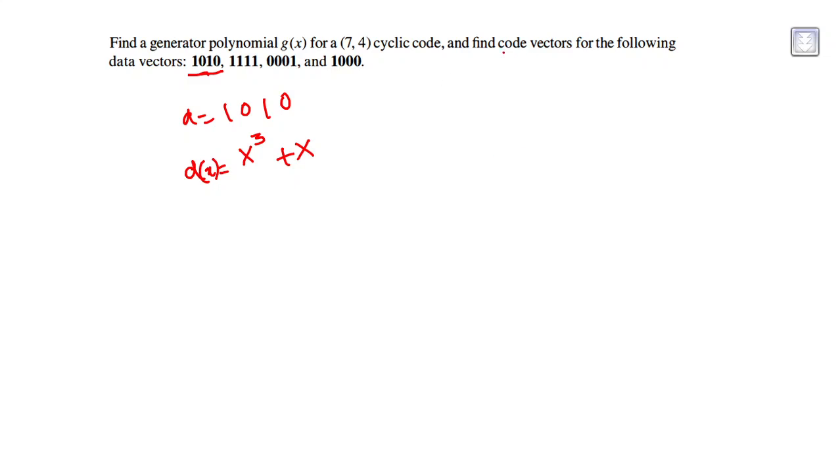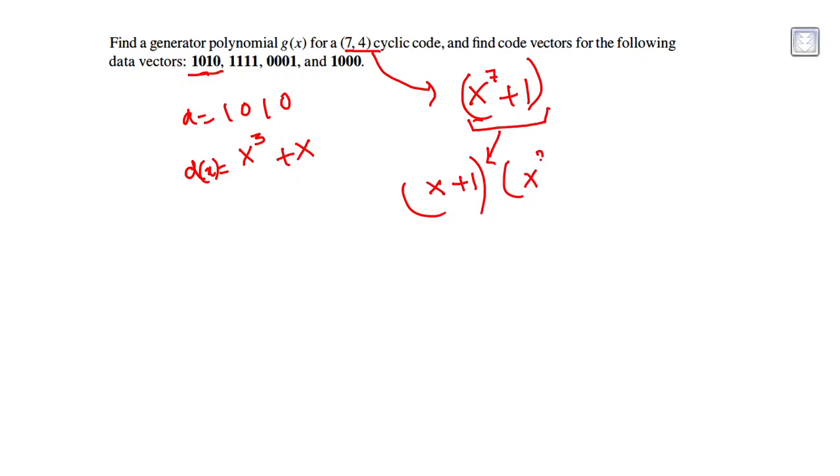Now, a (7,4) code word is given, that means a generator polynomial must be a factor of x to the power of n plus 1. If we factorize it, we will be getting three terms: x plus 1, x cube plus x plus 1, and x cube plus x square plus 1.